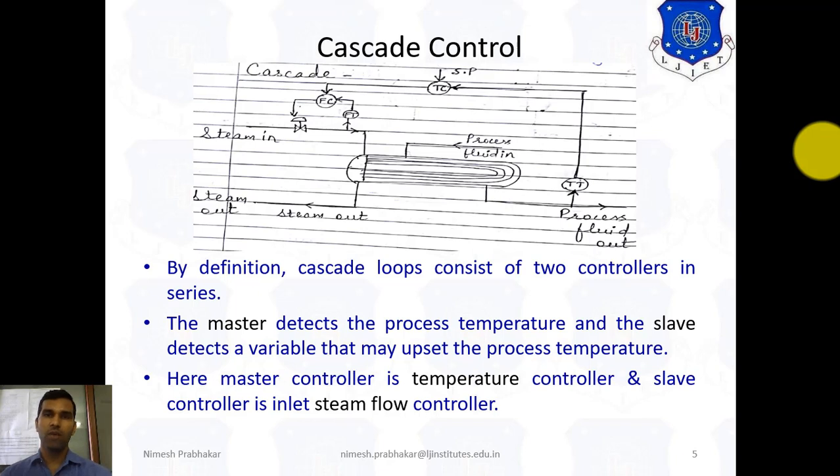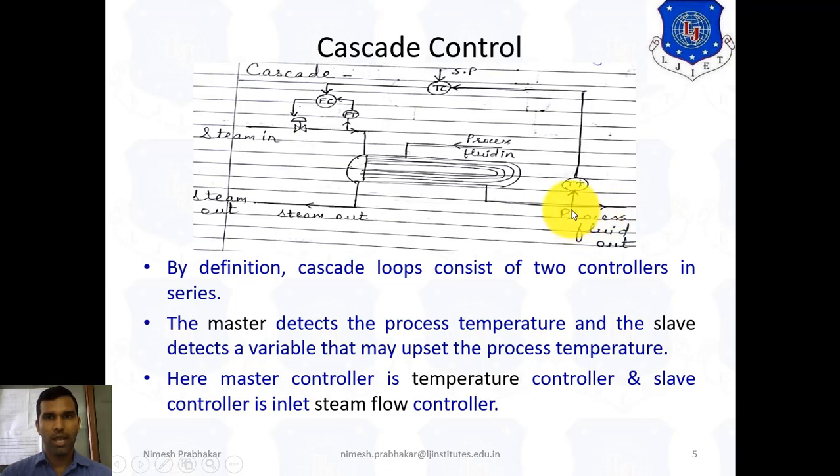That means now we understand here we use two controllers. See, this is a steam in and this is a steam out, and this is a fluid in and this represents the fluid out.